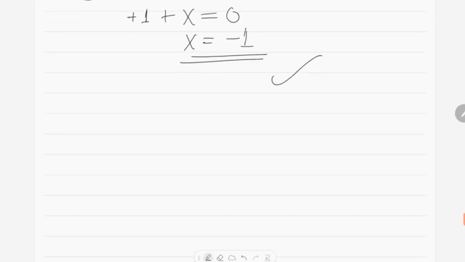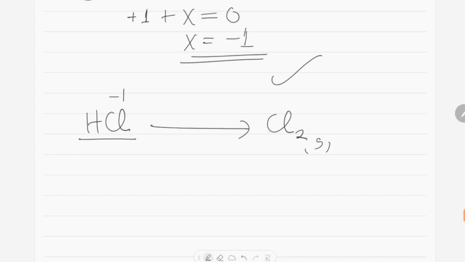This is the oxidation state of the chlorine in HCl. Now, the question again is, why is the change from HCl to Cl2 an oxidation process? We realize that in HCl, the oxidation state of the chlorine is minus 1. In this one, it is a gas, and the oxidation state of chlorine is 0. So we see a change from negative 1 to 0.